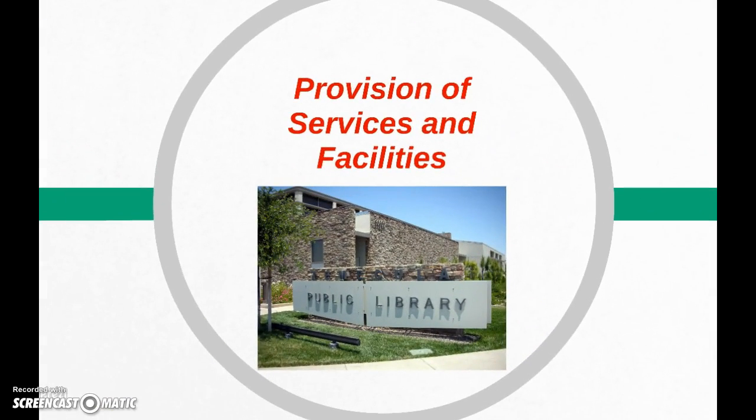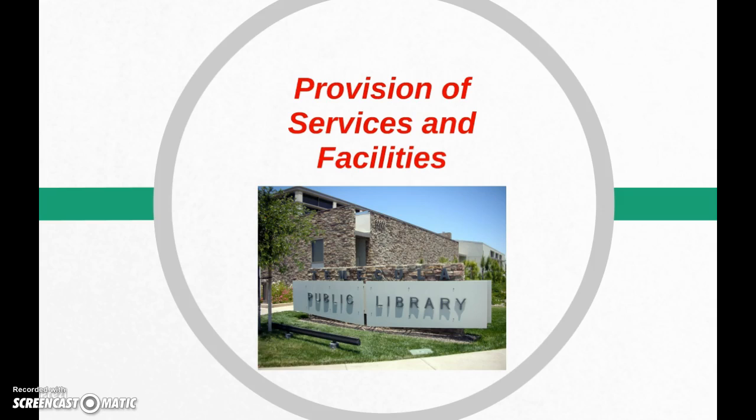So another goal would be the provision of services and facilities. Facilities is the location of all your stuff that you want in your city. The location of your parks, your schools, your hospitals, community centers, all these kind of things. And it's not just that we want to have all of these ingredients in our cities. It's also the pattern of where they're put, the location is going to matter.